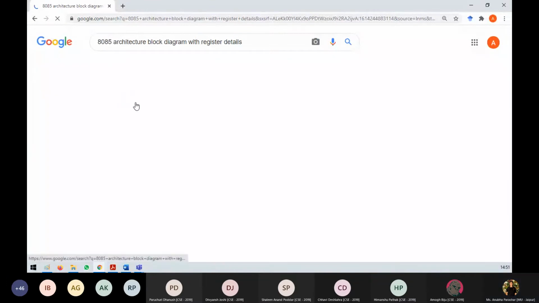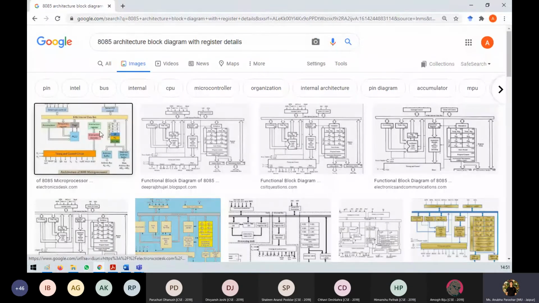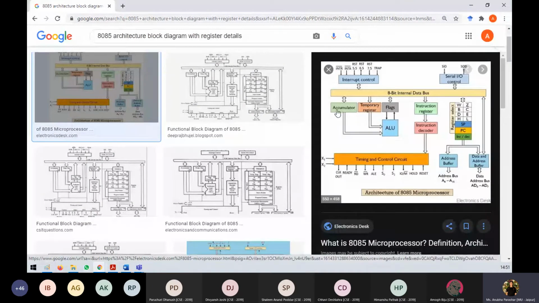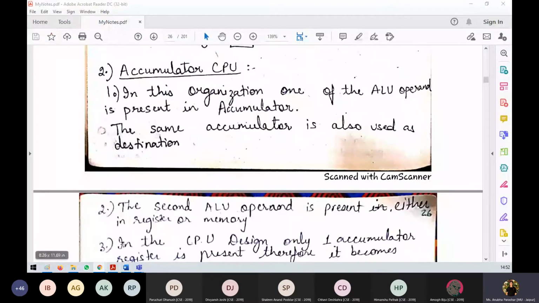We'll take this as reference. So this is the accumulator and the temporary register. These registers are different from the ones which we have over here. These are the immediate registers which will hold the data or the operands, and it will be immediately processed by the ALU. So we are talking about the accumulator and temporary register.